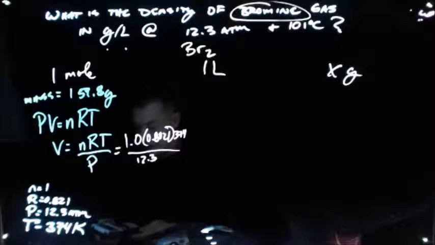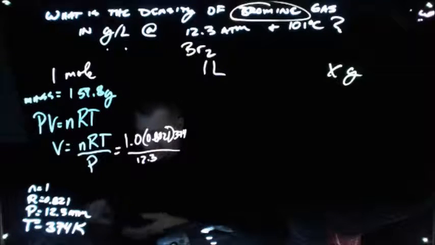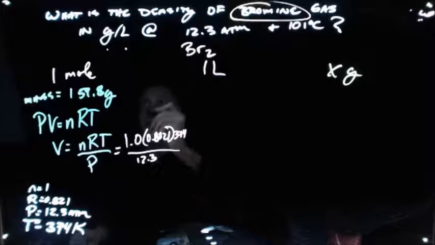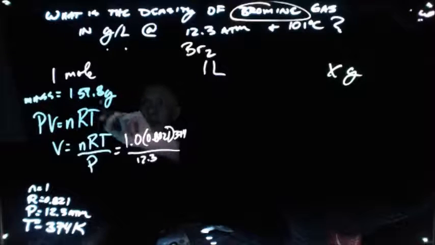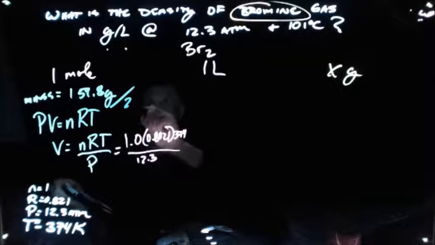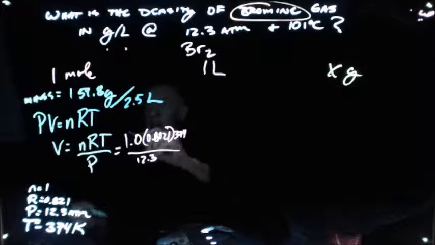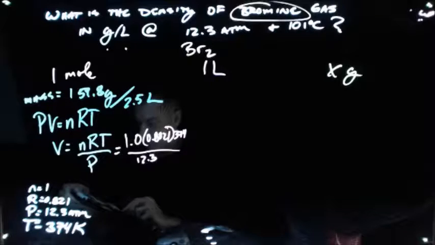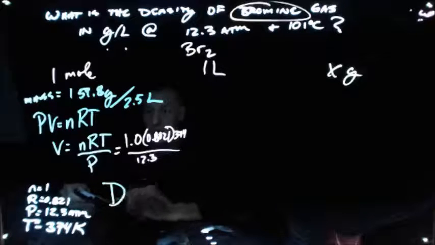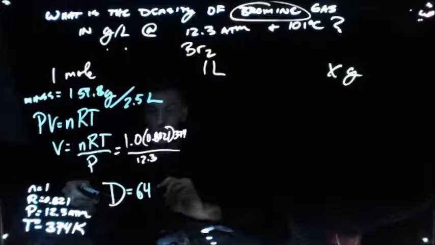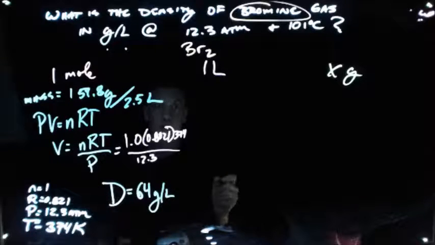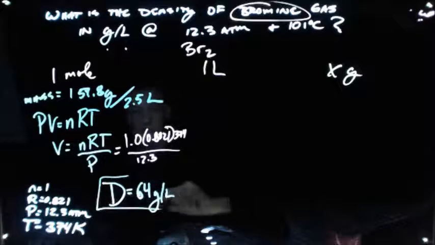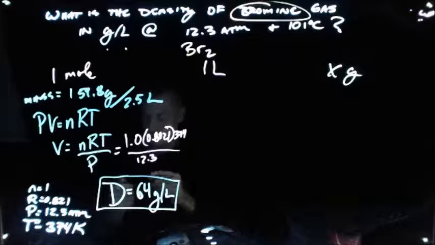So the volume is going to be 2.496, so we'll call that 2.5. So the mass is 159.8 divided by 2.5 liters, and the density comes out to be 64 grams per liter. That's one way of doing it.